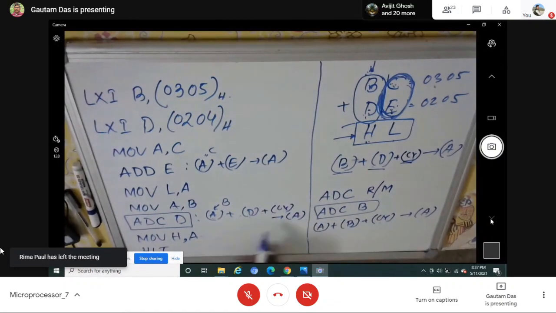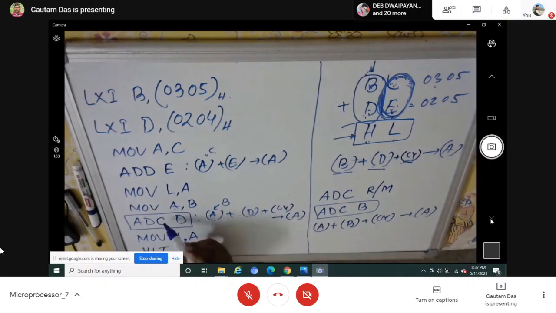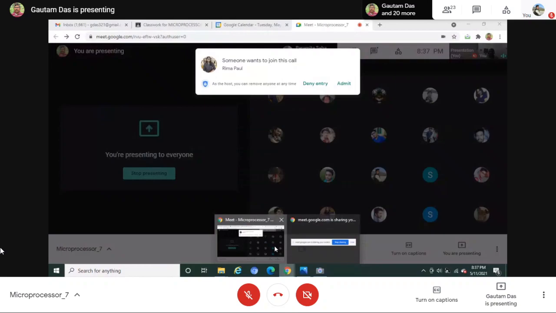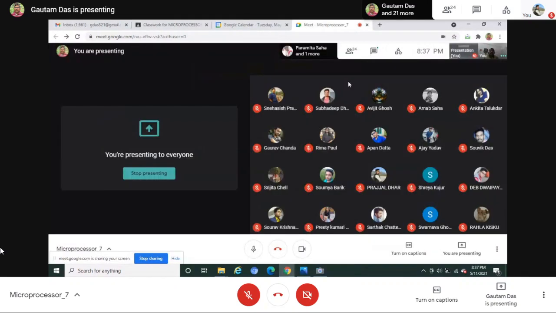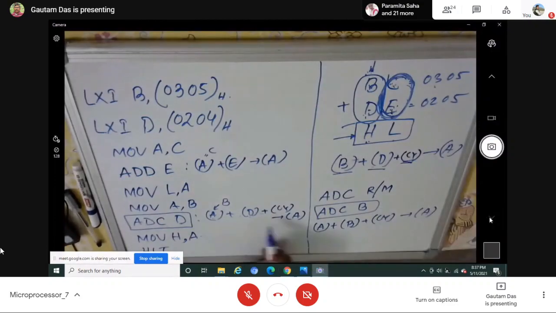Now you may ask, what carry information is this carry flag storing? You see, before this ADC D instruction, because you already know that only arithmetic and logical instructions can change the content of the flags, whenever we check what information is there in this carry flag, see what arithmetic instruction is there before ADC D. This is not arithmetic, this is also not arithmetic.